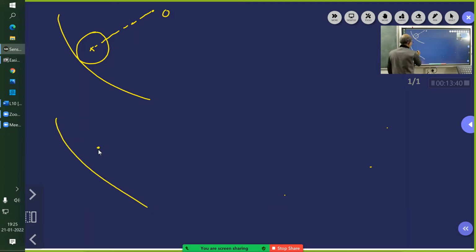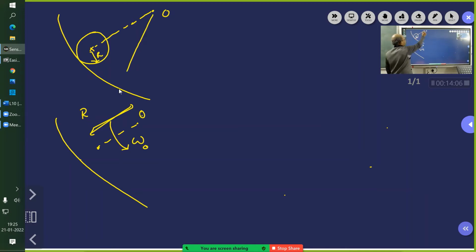There is a point mass here, and if you see the arrangement, this point mass will move with omega. With respect to O, I will write it as omega naught. The total distance given is capital R, and the radius of this disk is small r.